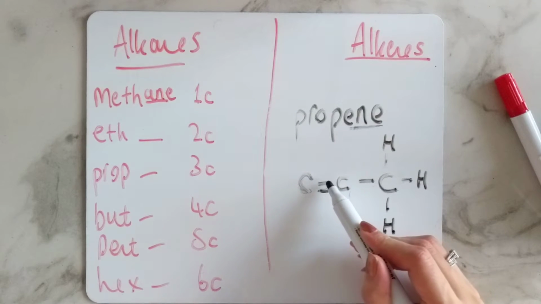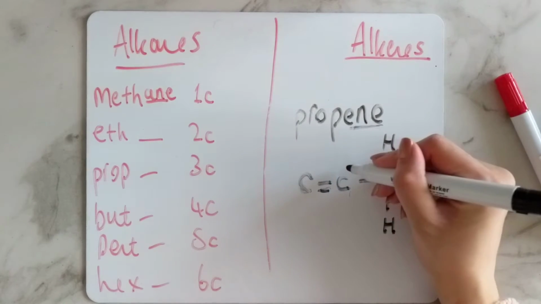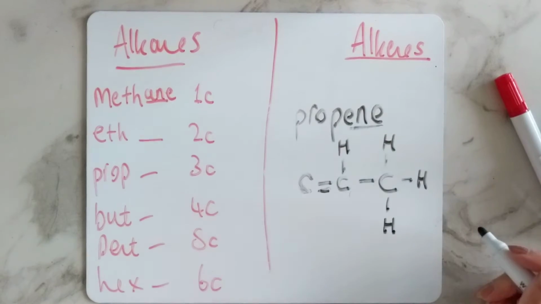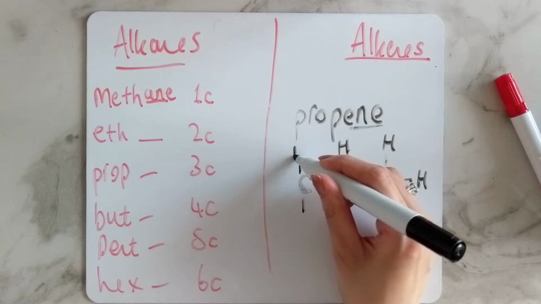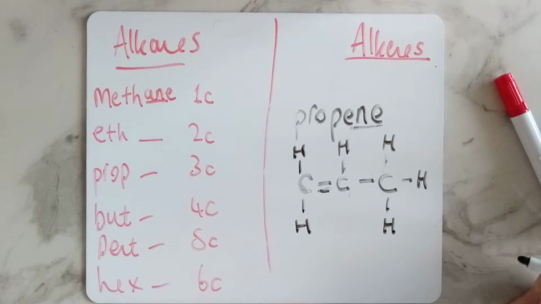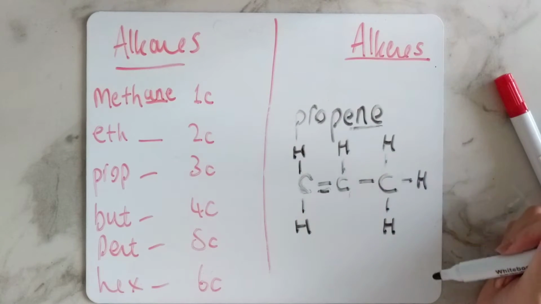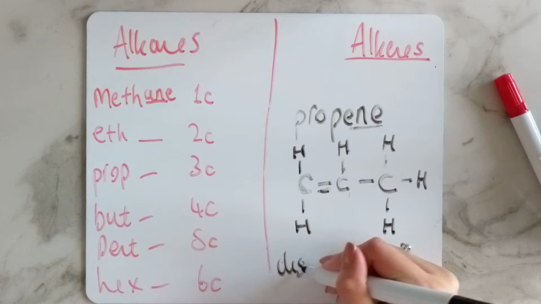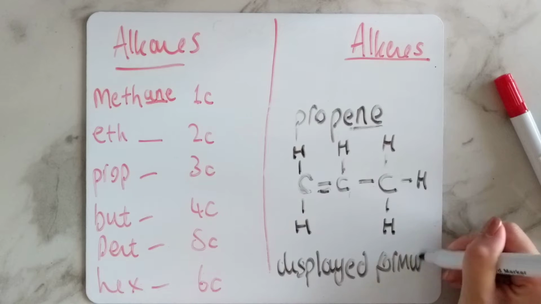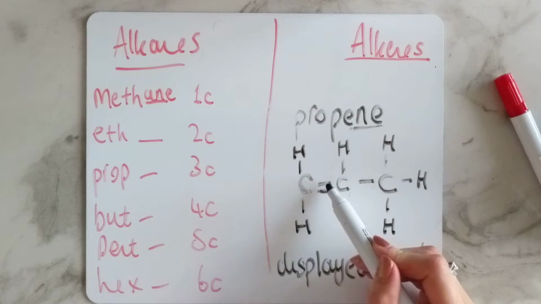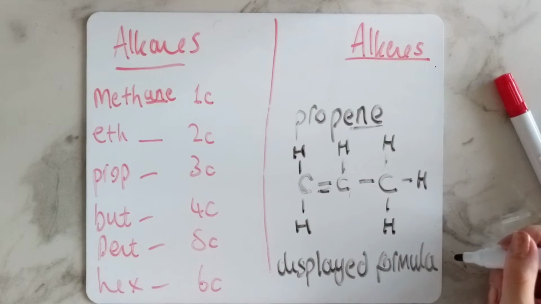Let's look at this carbon, it's got 1, 2, 3, so it only needs 1 more attached to hydrogen. This one has 1, 2, 3, 4. Let's attach the hydrogens like that. So that is propene. This is the displayed formula, and displayed means showing all the bonds for propene.